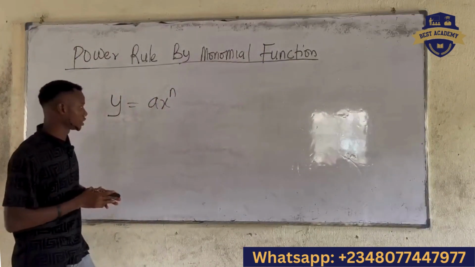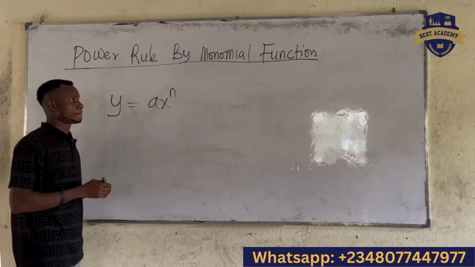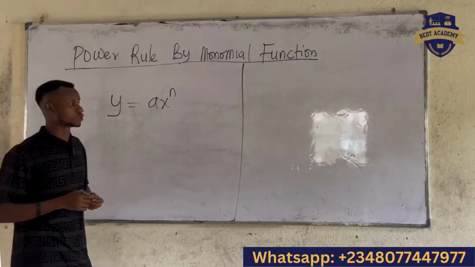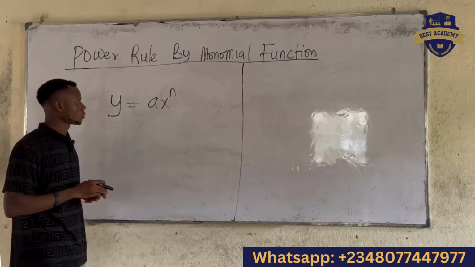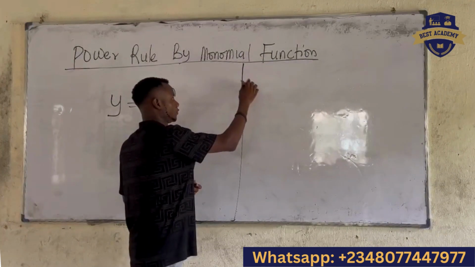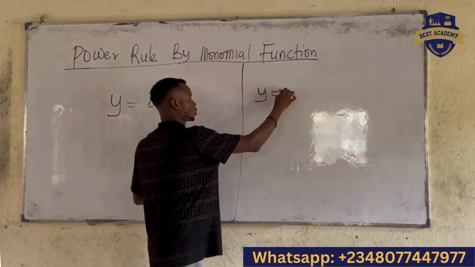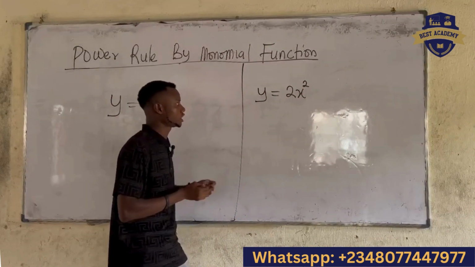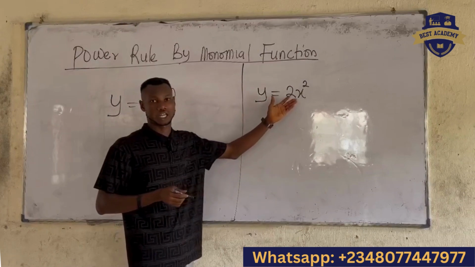So how do we now differentiate this? For us to differentiate, first of all, we have to know how we differentiate with respect to. If I have something like y is equal to 2s squared, then to differentiate here, I will differentiate with respect to s. Why?